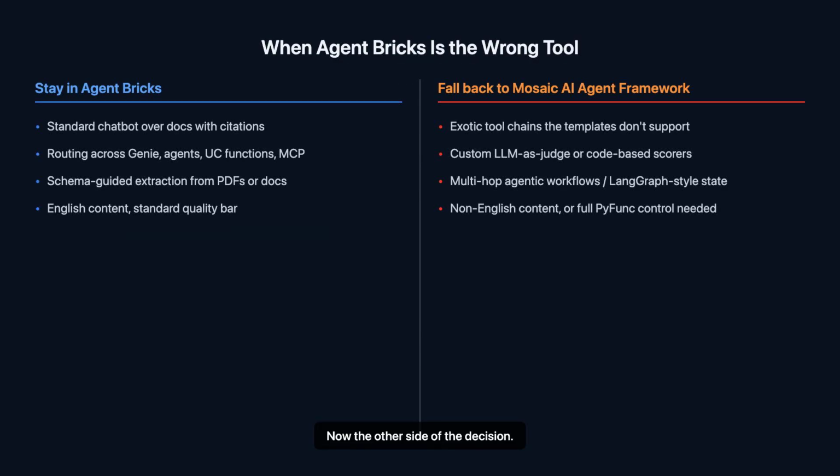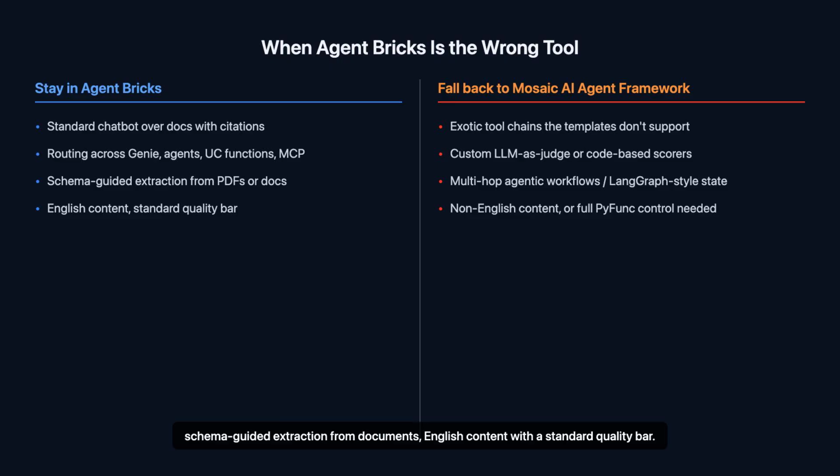Now the other side of the decision. When is Agent Bricks the wrong tool? On the left, stay in Bricks for the standard cases: a chatbot over docs with citations, routing across the 4 supported subagent types, schema-guided extraction from documents, English content with a standard quality bar.